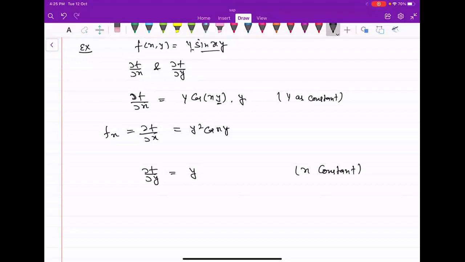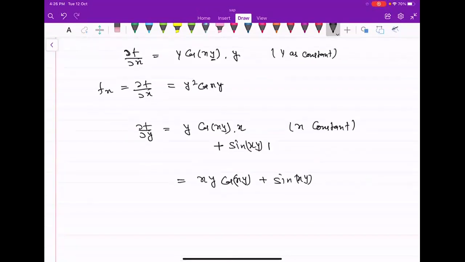So y as it is, by the multiplicative rule, cos(xy), then the differentiation of xy with respect to y is x, plus sin(xy) as it is, and then the differentiation of y is 1. So it is xy cos(xy) plus sin(xy).